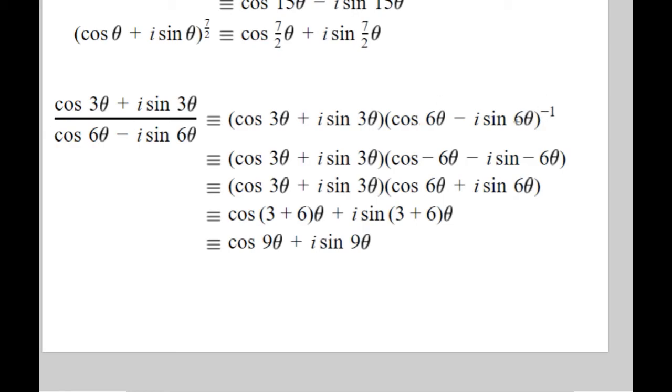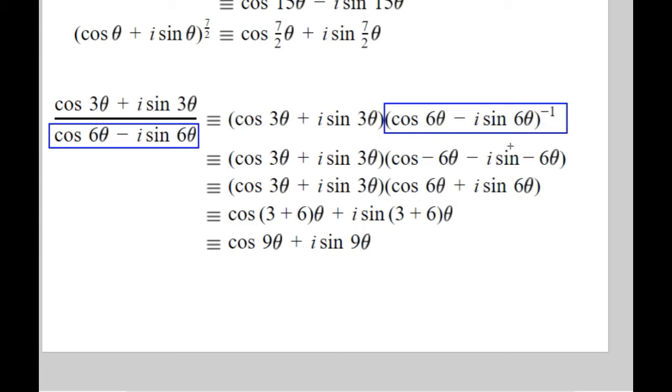The reason is that the denominator is the same as to the power minus 1. Given that, I can then use de Moivre's theorem as we've been doing, so this shouldn't be too much of a jump in logic. Bring that power in front of the 6 to produce cos minus 6 theta minus I sine minus 6 theta. Using exactly the same rules, even cos just turns into cos 6 theta, and the minus will be brought to the front, making minus times minus, which makes this plus.